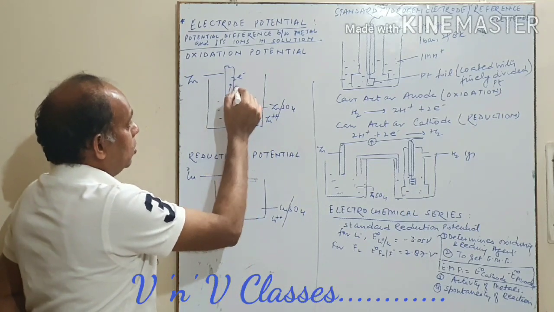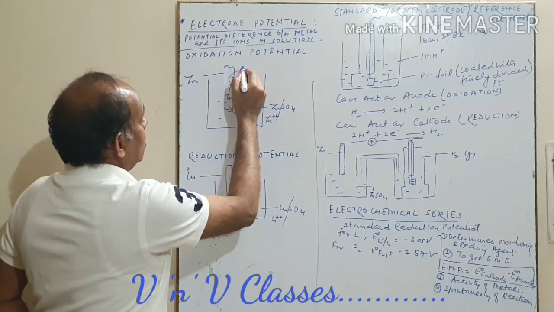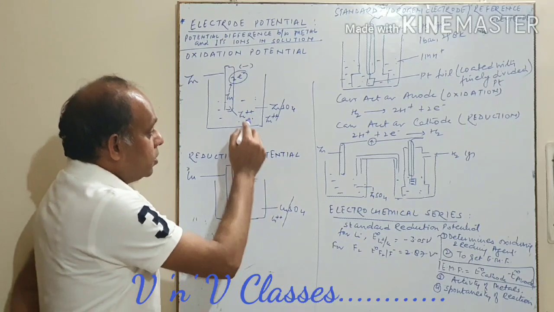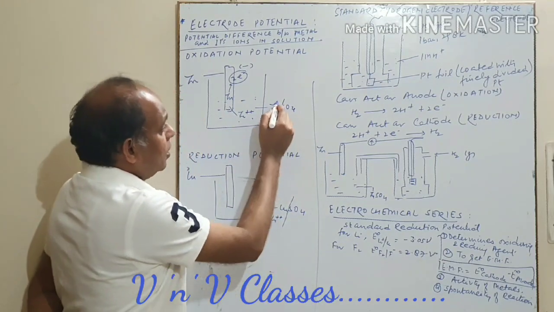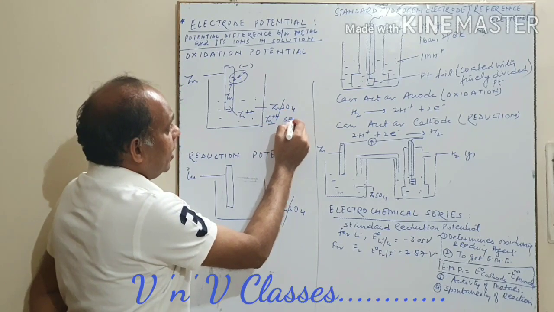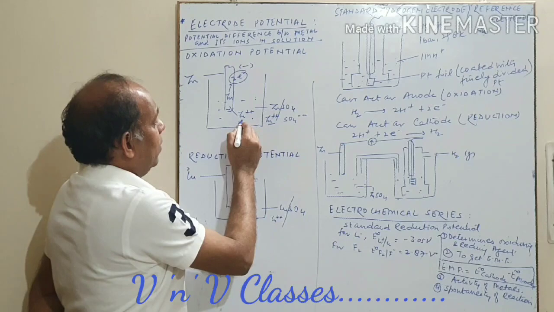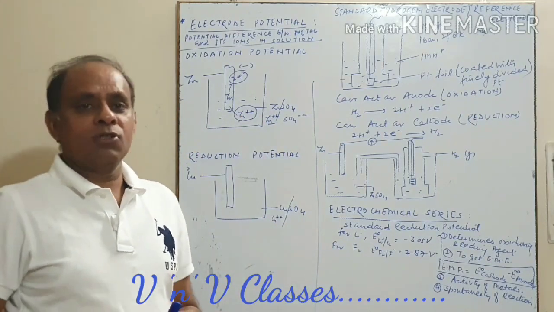As a result, on this rod electrons get accumulated, and this results in the development of a negative charge on the rod. Zinc ions move to the solution. Previously, the number of zinc ions and sulfate ions were equal, so it was neutral. Now, as the number of zinc ions increases, the solution gets a positive charge.